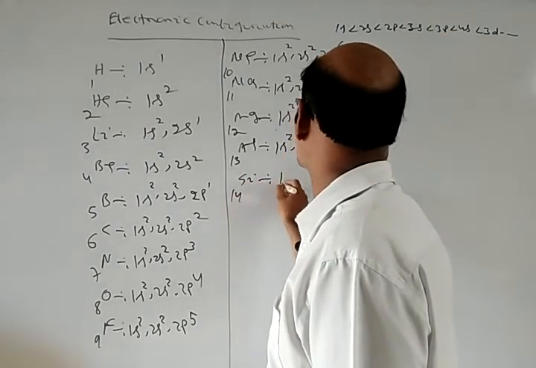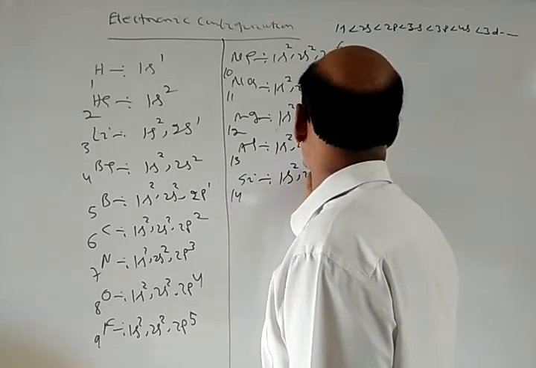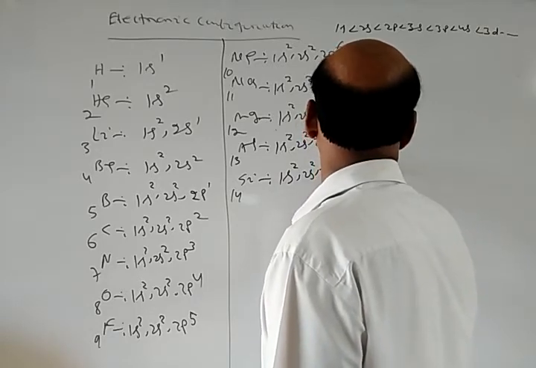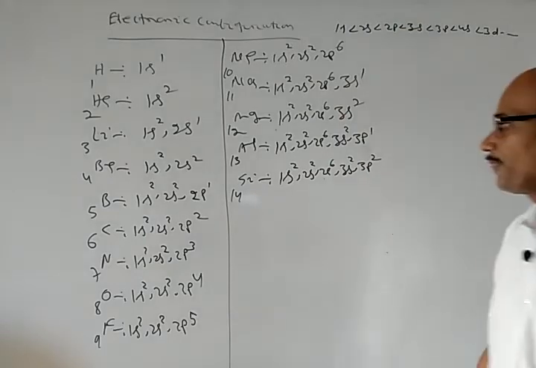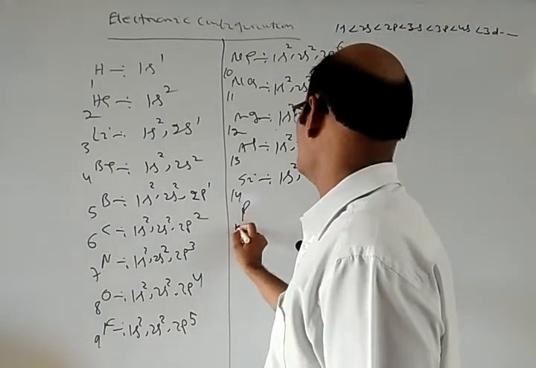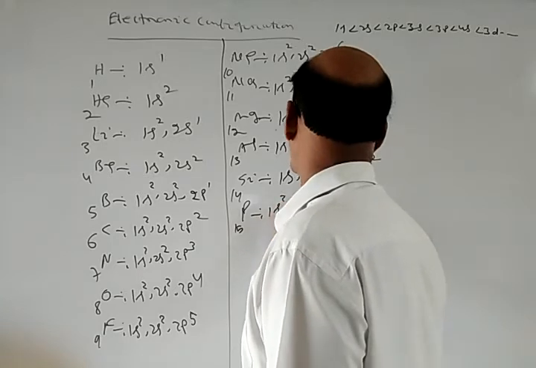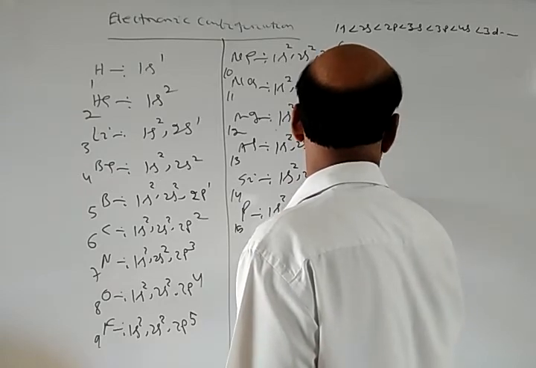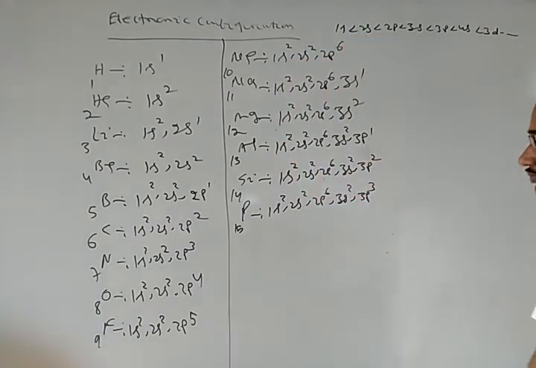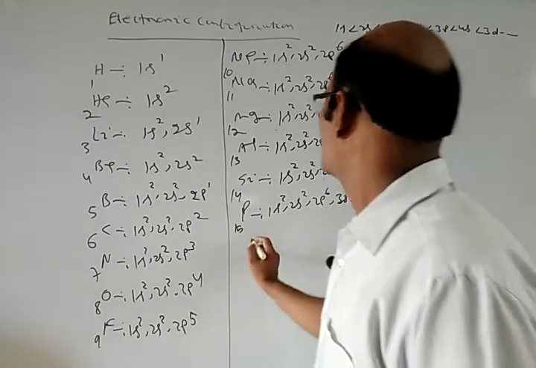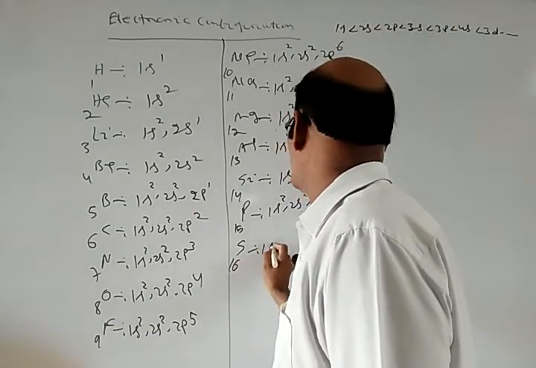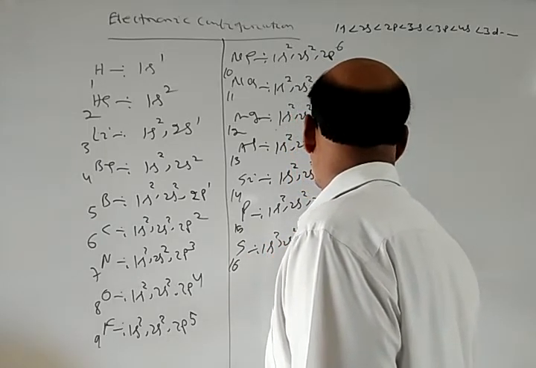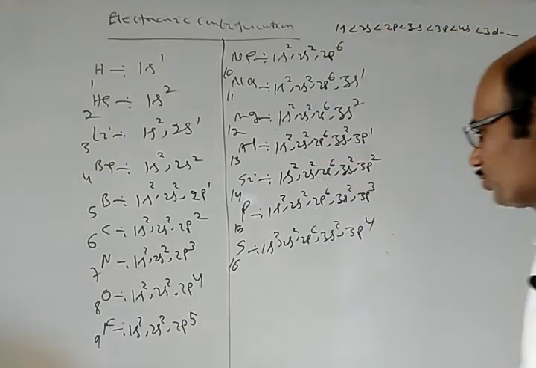Silicon 14, 3p2. Phosphorus 15, 3p3. Sulfur 16, 3p4.